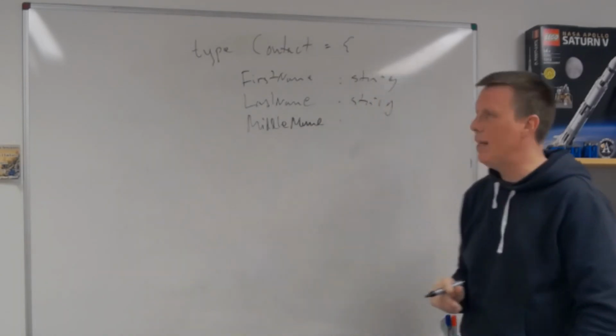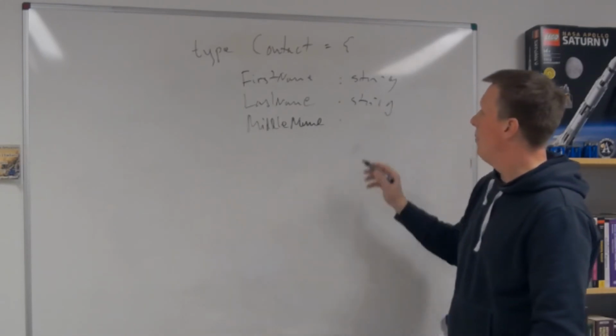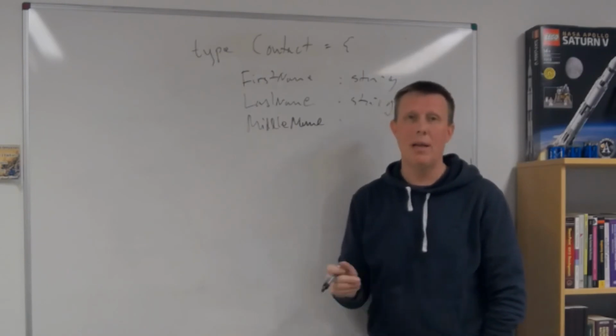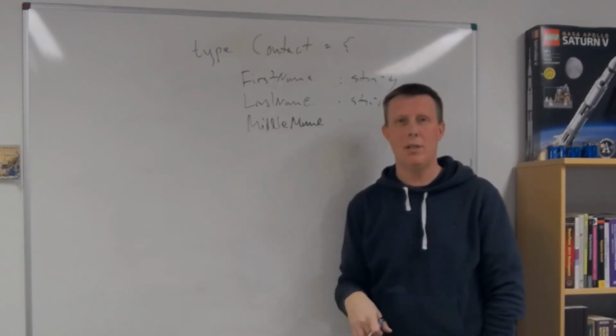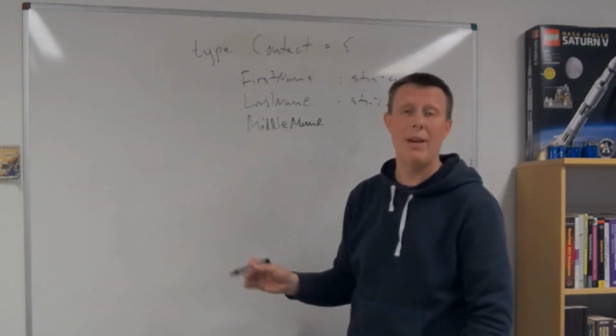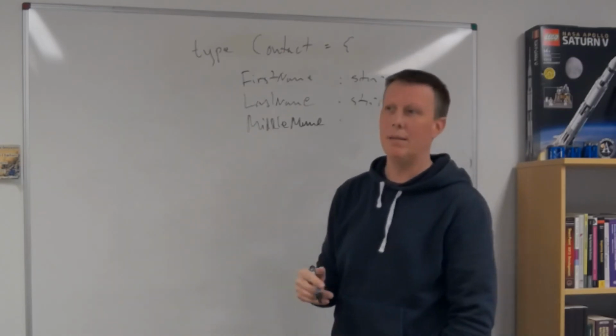Now, what should we put in here if we have a middle name? Well, we could put string, and then we'd say, well, if the person doesn't have a middle name, we'll just have an empty string, and that might be fine. It might not have any consequence, and if we're just printing it, then printing an empty string doesn't really show up.